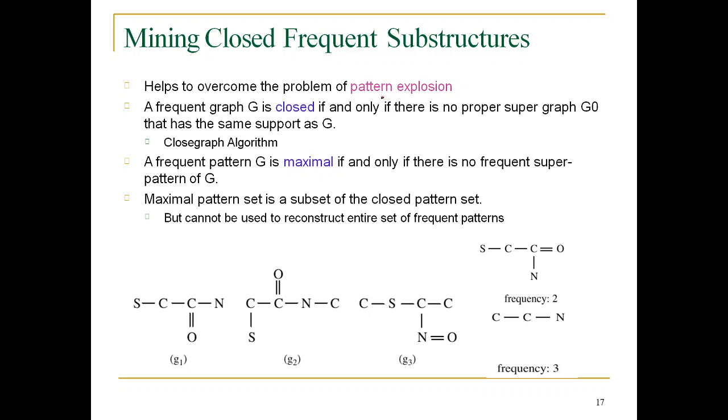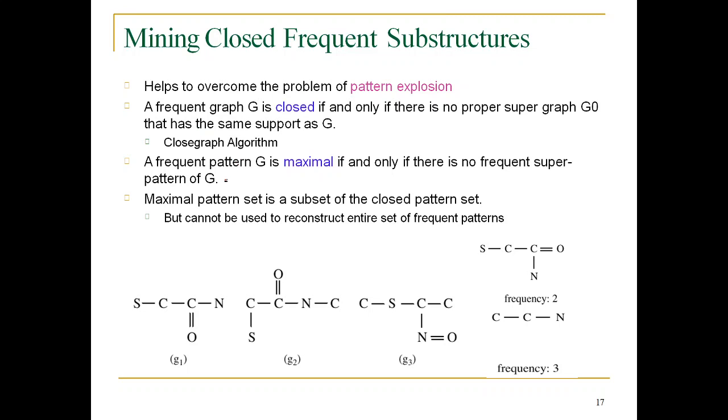That is overcome by mining closed frequent substructures. A closed frequent substructure is one that does not have a proper supergraph with the same support value as G, and then we can say it is a closed substructure graph.